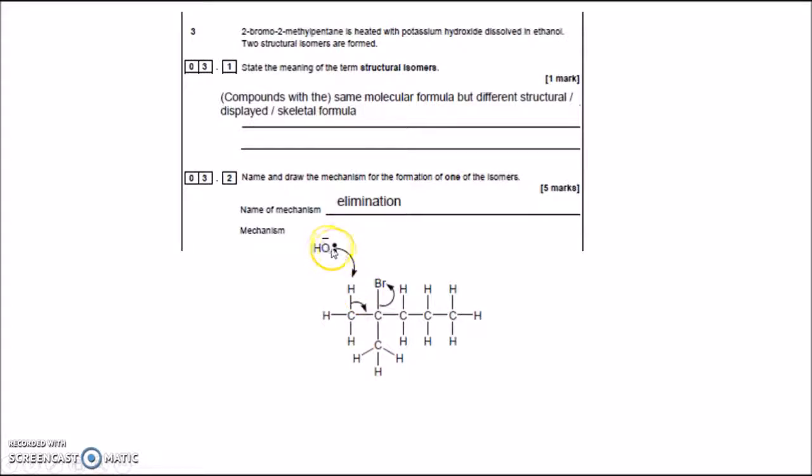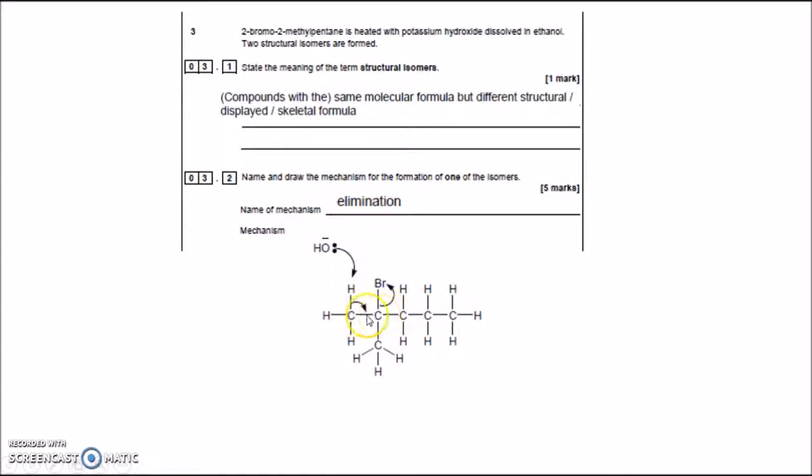Okay, now the curly arrow comes from the lone pair on the O of the OH minus, and that attacks an H. Now, which H does it attack? Well, you go from the C, so you go from the Br down to the C, along another C, and it's an H from the C bonded to the CBr. So let's go through that again. I've got a CBr there, the neighbouring C there has an H, and it's that H that it goes for.